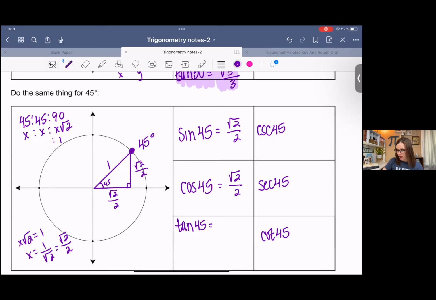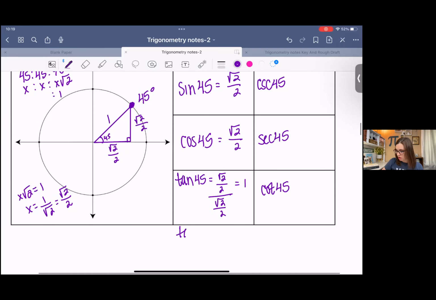Cosine 45 is the x coordinate for the adjacent. And tangent 45 is y over x. So if I were to flip that and multiply, I would end up with 1. I'll write that down here. Tangent 45 is 1.